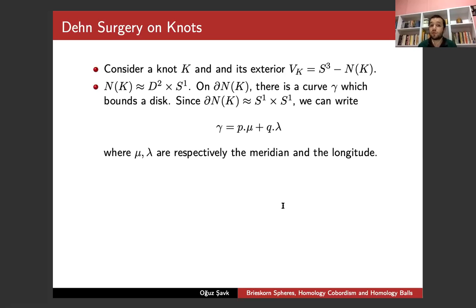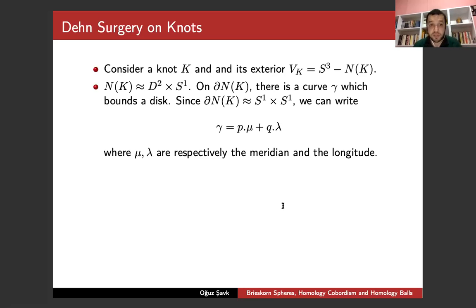These neighborhoods are always solid tori. So on the boundary of this solid torus, we always find a curve which bounds a disk. The boundary of the solid torus is actually a classical torus, so we can rewrite this curve gamma as a linear combination of meridian and longitude.